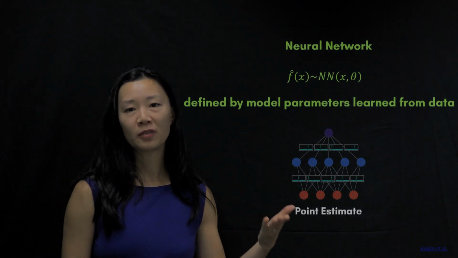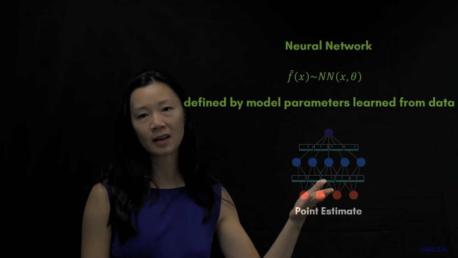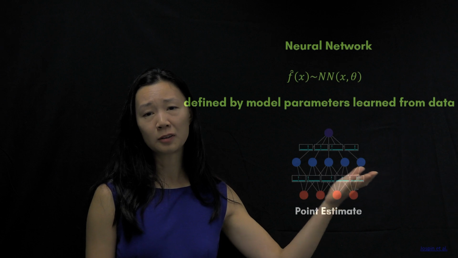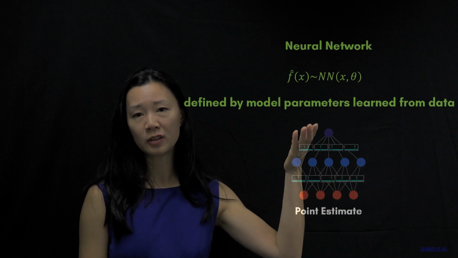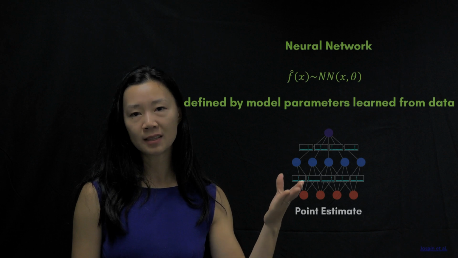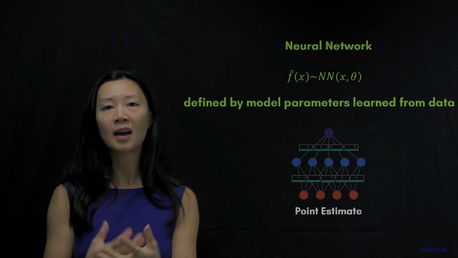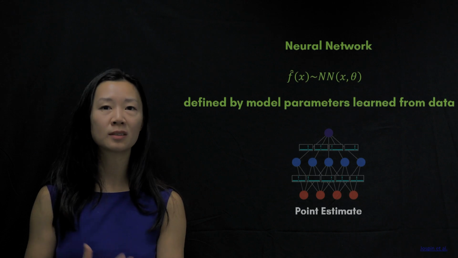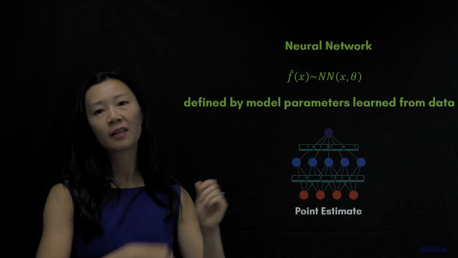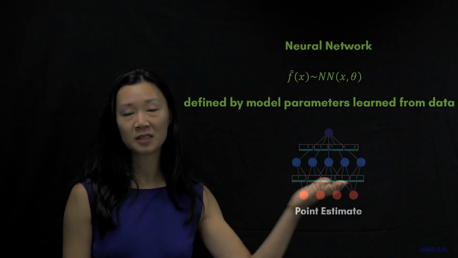So if this were your neural network, where the red bubbles are your inputs, and then these are the neurons of your hidden layer, and then this is your output, the weights and biases that represent these different lines take on a static value, a point value. There is some number that the weight and the bias will take for these signals.